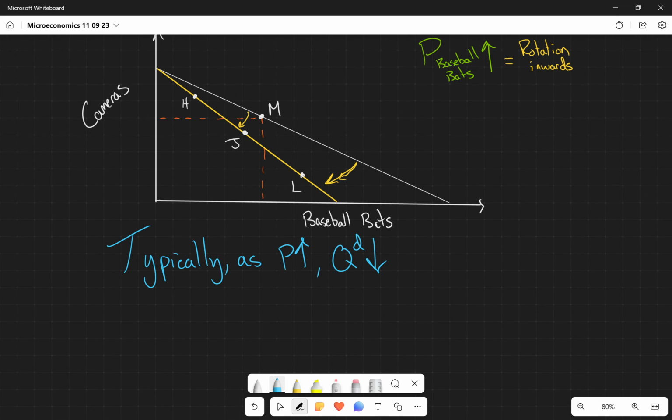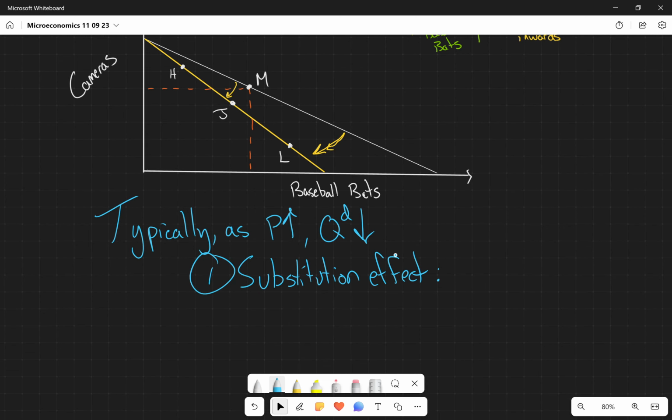So what are the two reasons for this? Well, the first one is called our substitution effect. So this says that when a price changes, consumers have an incentive to consume less of that good with a relatively higher price.